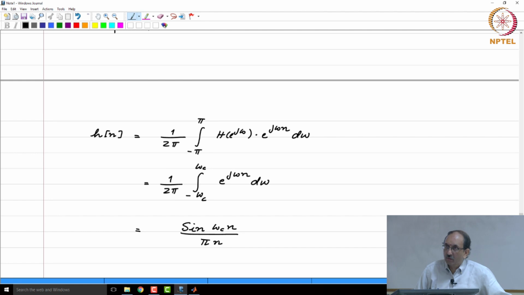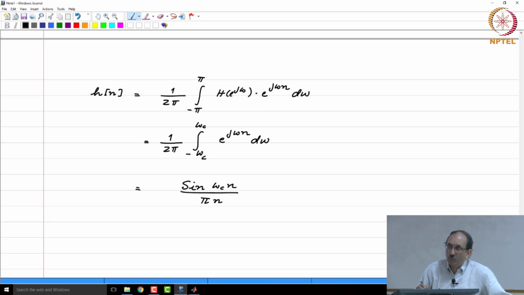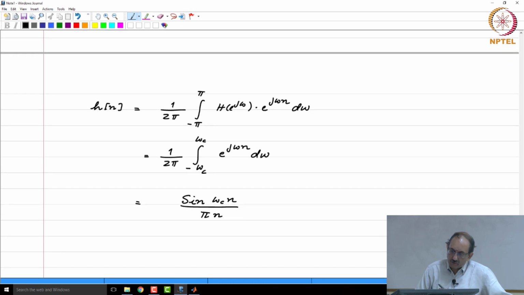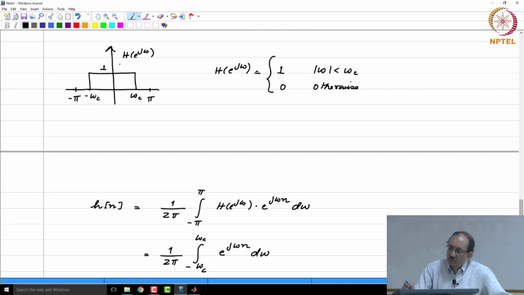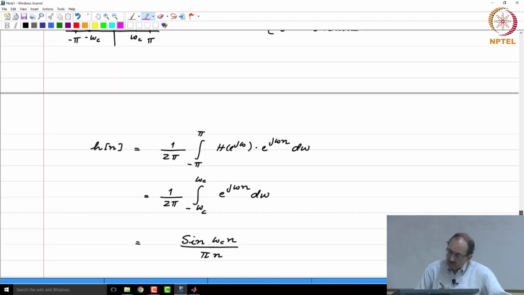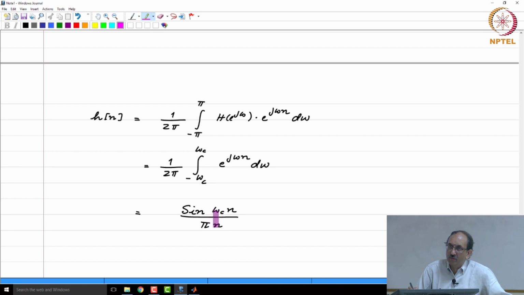And if you recall, we had used this sequence when we were demonstrating the use of one of the properties, that is, if you sum up the sequence over all n, it is exactly the same as the value of the transform evaluated at omega equal to 0, right. And if you look at this case, the value of the transform at omega equal to 0 is 1. Therefore, this impulse response summed up over all n gives you 1.